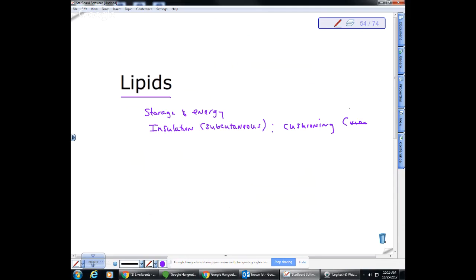So not only do you have fat underneath your skin, but you have it around your organs. And what you're going to talk about, the kidney sits way back in the back of the body cavity, kind of underneath the peritoneum and the peritoneal membrane. And it has to be cushioned with lipids because the lipids actually also hold it in place.